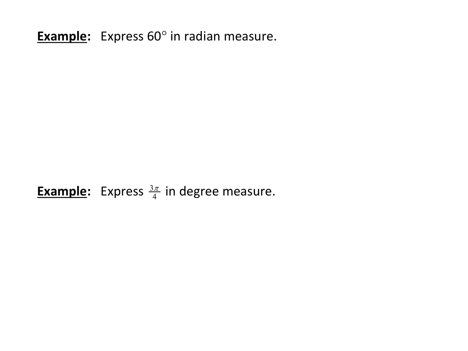First off, example: express 60 degrees in radian measure. How do we do this? All we do is multiply the angle by pi over 180. Why are we multiplying by pi over 180?